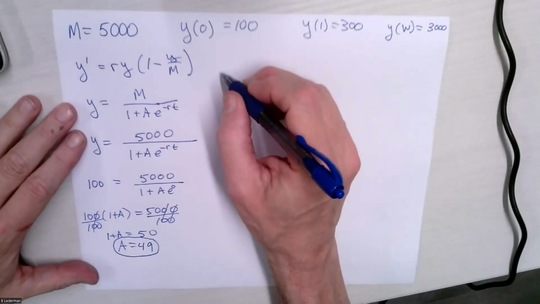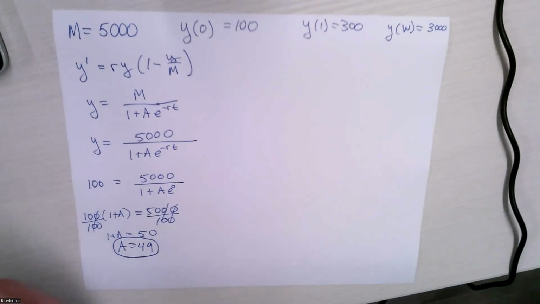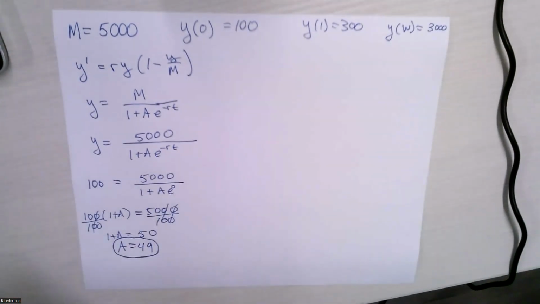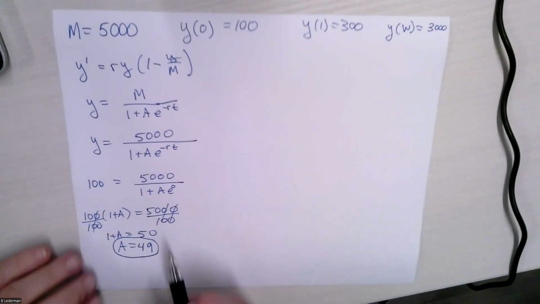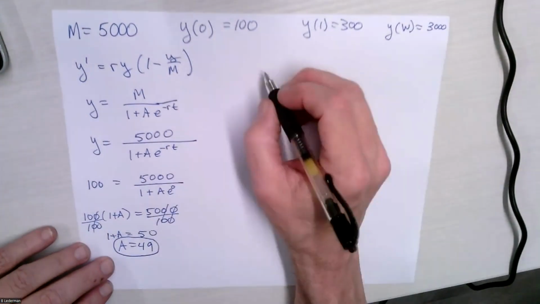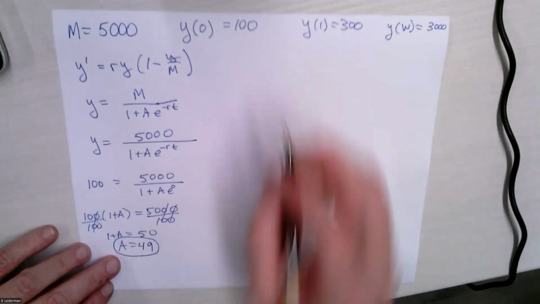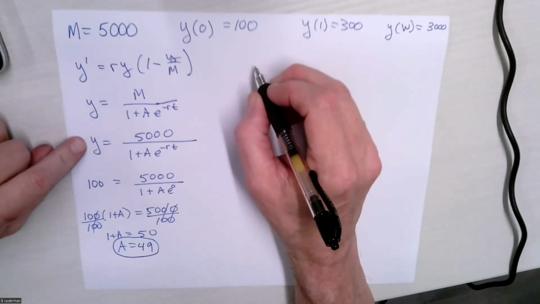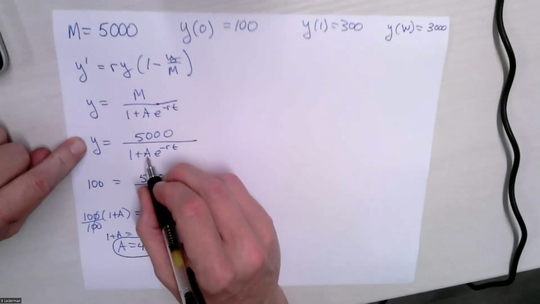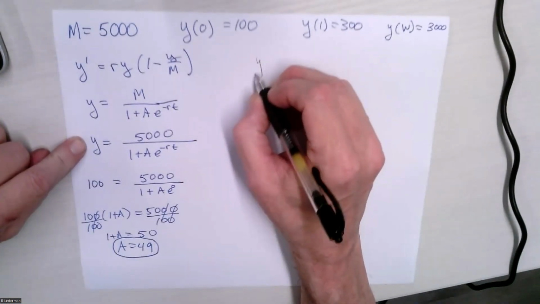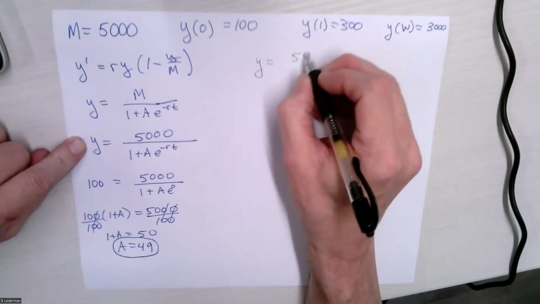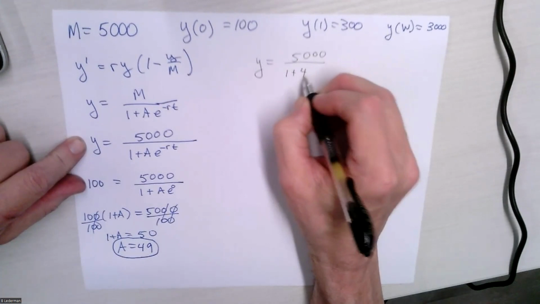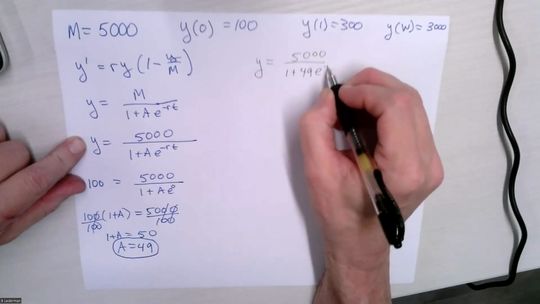Now we're going to use the fact that y of 1 equals 300 to find R. So once we know A is 49, using this equation right here, we're just going to fill in the A. So we know that y equals 5,000 over 1 plus 49 times e to the negative RT.